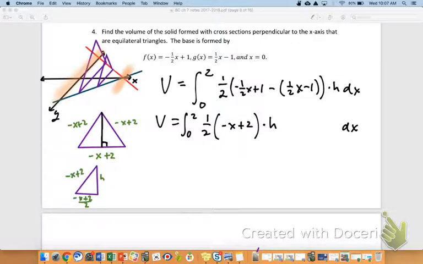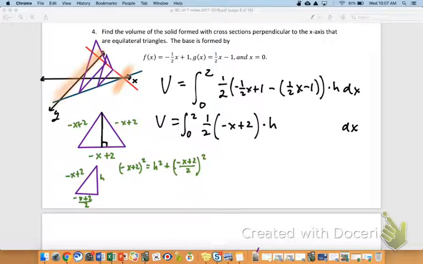Okay. So then you could do a Pythagorean triple, or the 1, √3, 2 special triangle, or you could just do the Pythagorean theorem, right? Up to you. So you could go -x plus 2 squared is equal to h squared plus -x plus 2 all over 2 squared, right?